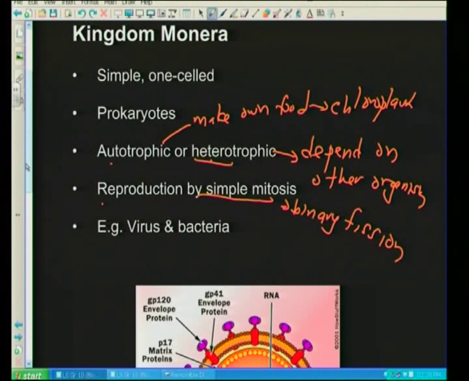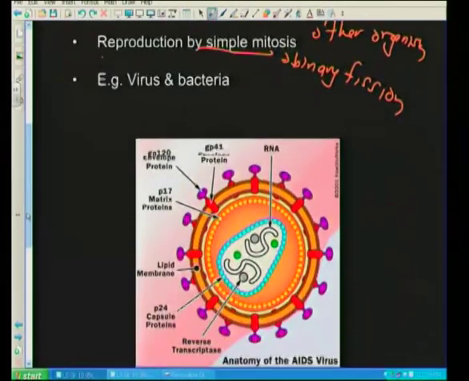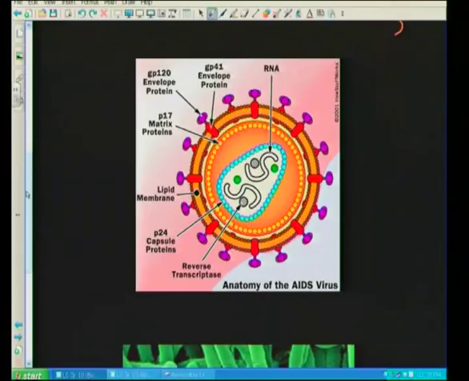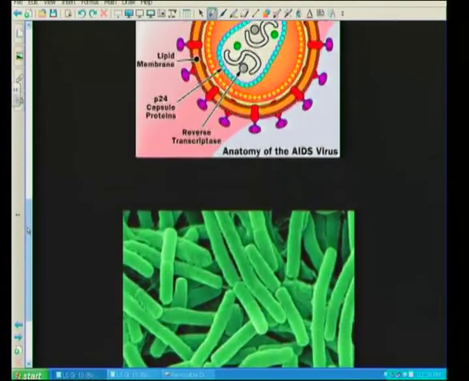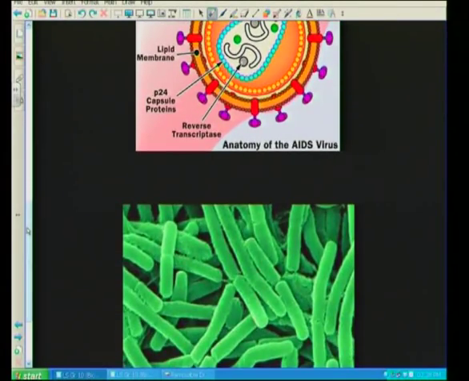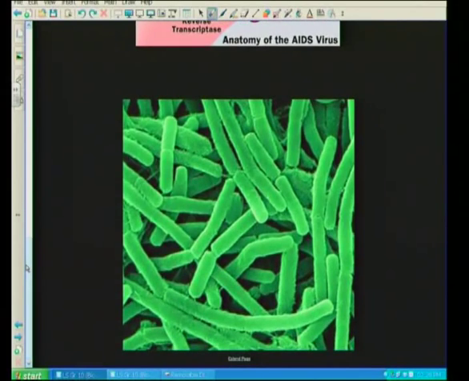Or they can be parasitic or saprophytic, meaning they depend on other organisms to get their food. They can reproduce by simple mitosis, and examples or pictures of a Monera would be the AIDS virus, which is classified under the kingdom Monera, or your different bacteria, which is classified under the kingdom Monera.